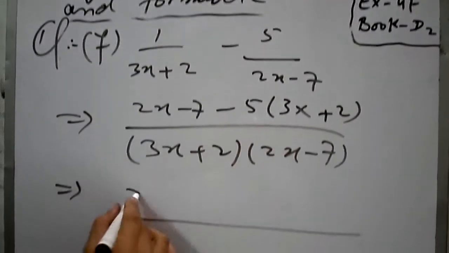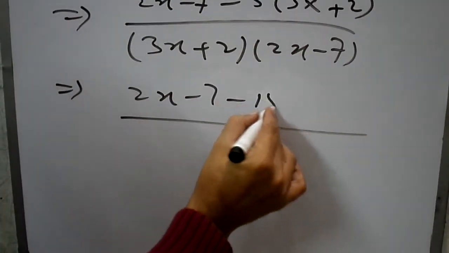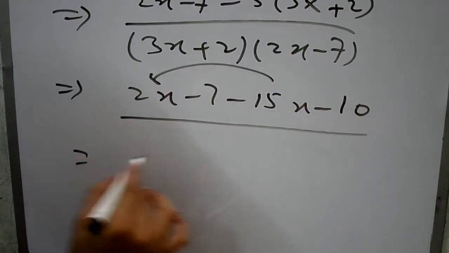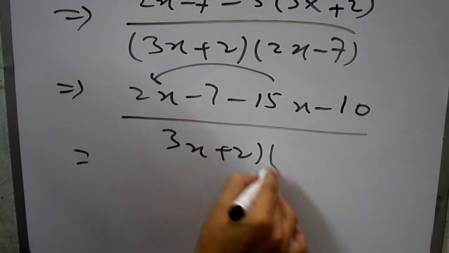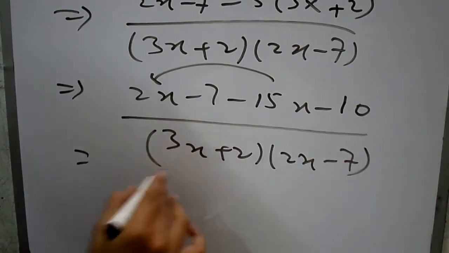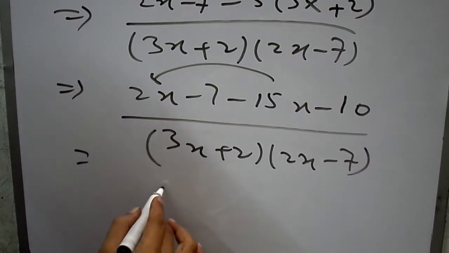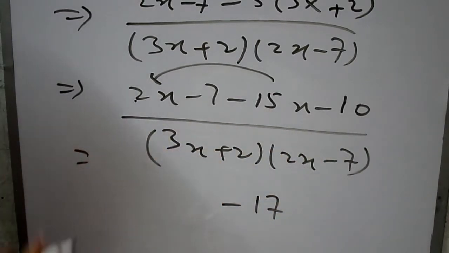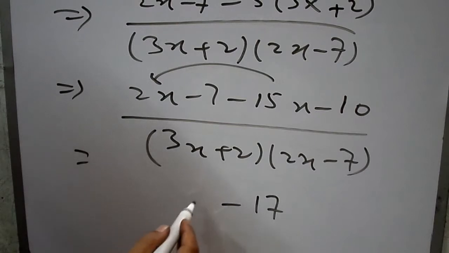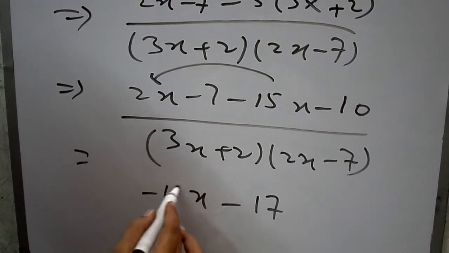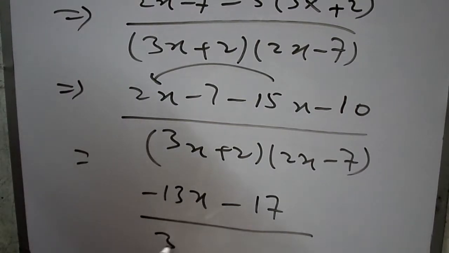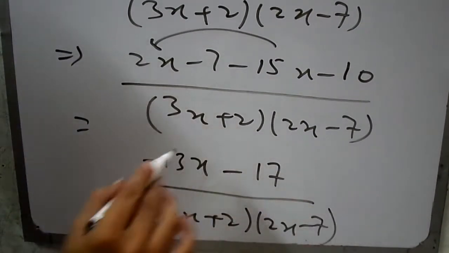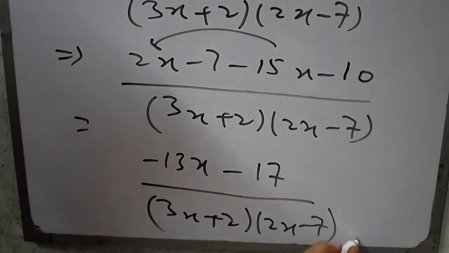So multiply it. That is minus 17. 15 and 2 subtracted, so greater value sign, you can write minus 13. 3x plus 2, 2x minus 7. So that is your required result.